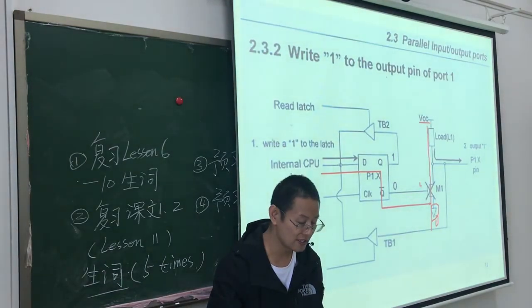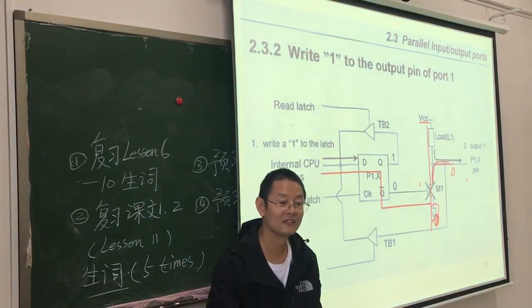If this is 0 and this is 1, here will be 0, which means this pin is 0. Okay?